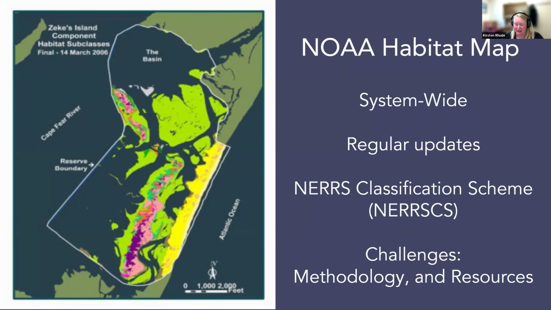So there is no requirement that every National Estuarine Research Reserve develop a habitat map using the same classification system or classification scheme. There are a handful of other system-wide elements throughout the reserve program, including the monitoring program where all the reserves are taking the same data in the same way across the whole system.